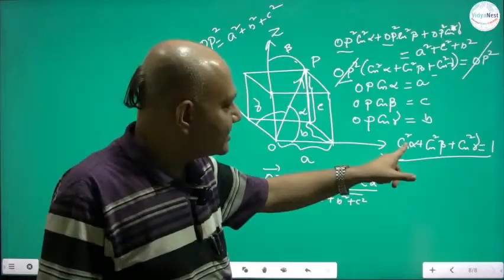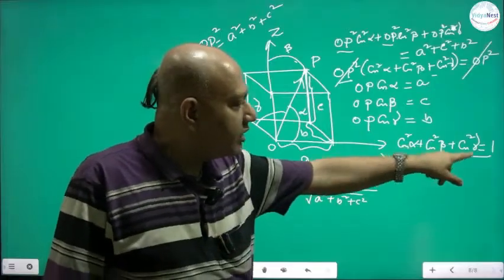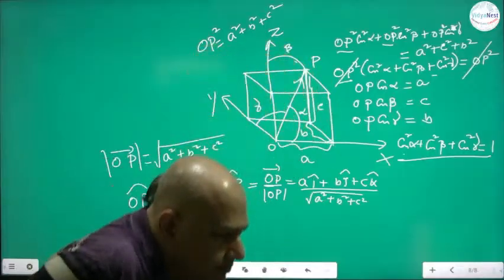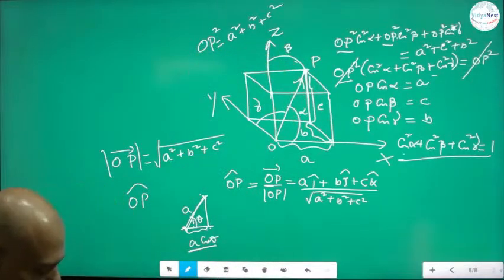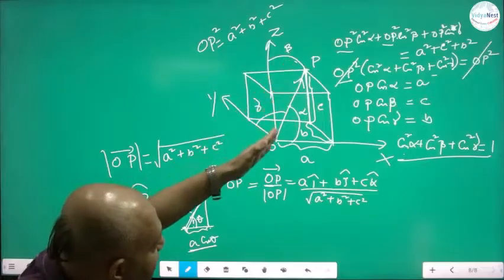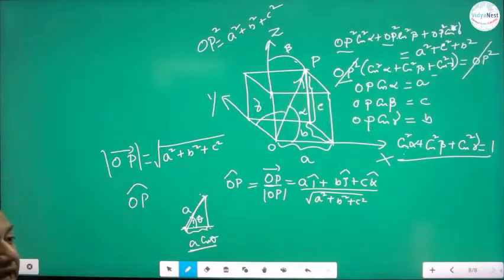And this cos alpha, cos beta, cos gamma is called direction cosine. This has a name. Cosine means cos. And why is it telling direction? Direction means, with this angle, I am specifying the direction of this vector. That's why it is called a direction cosine.